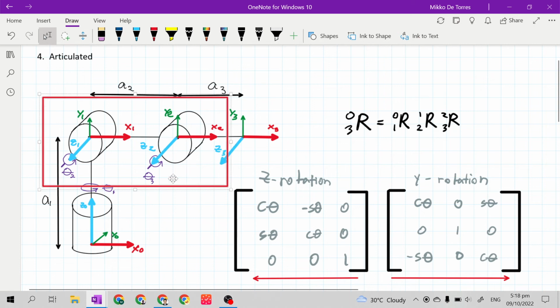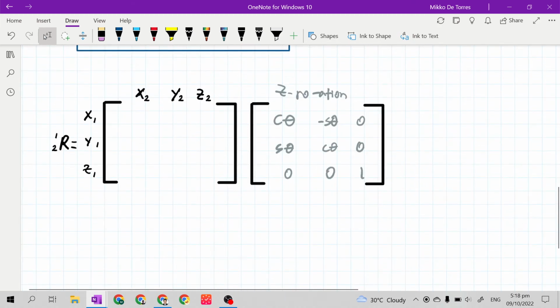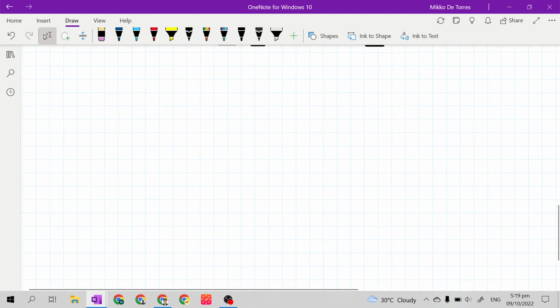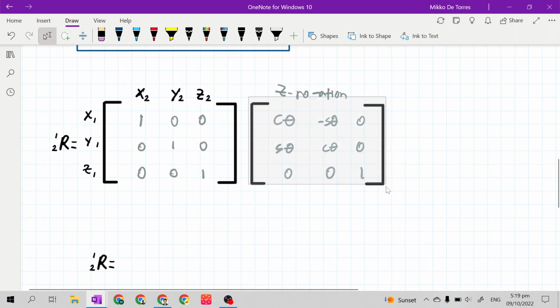So it means we will derive an identity matrix based on the directions of the axes of these two frames. Because we have an identity matrix multiplied to the z rotation matrix, we will get the z rotation matrix as the answer for R12. So this will be our R12.